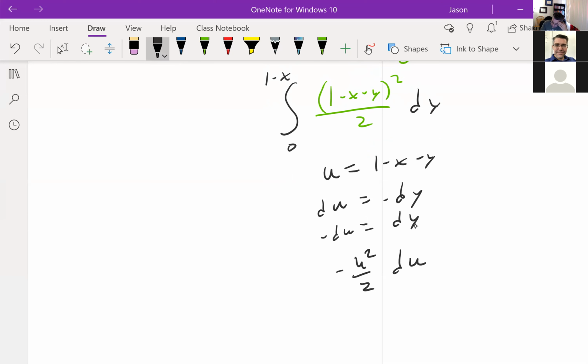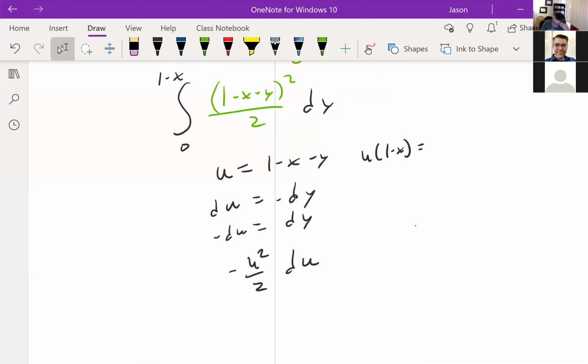What happens when I plug in 1 minus x? It's actually not too bad. If this is u of y, then u of 1 minus x is 1 minus x minus 1 minus x. Well, isn't this just 0? That's kind of cool, so the top becomes 0. What about 0?